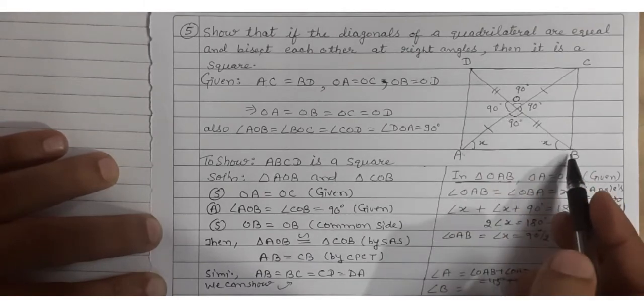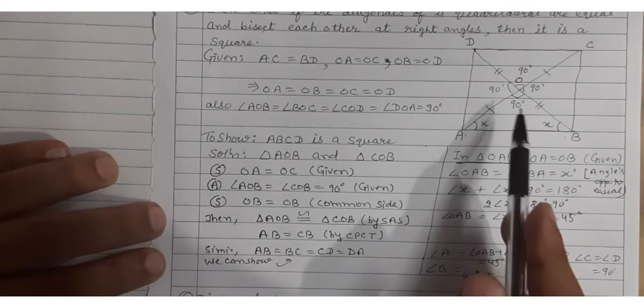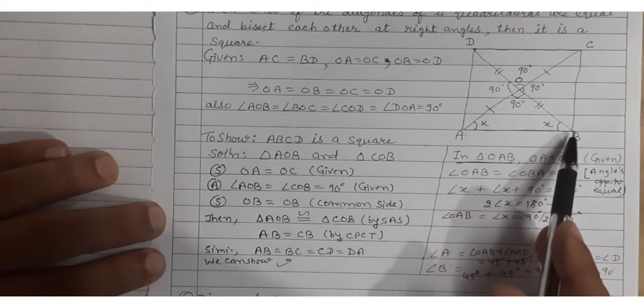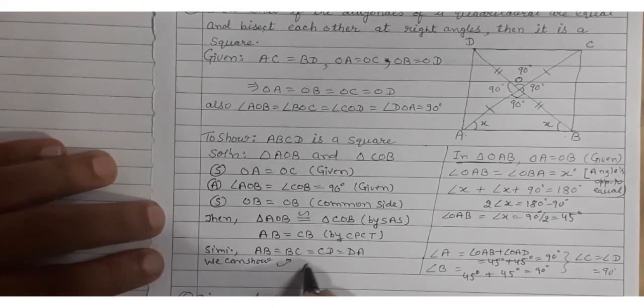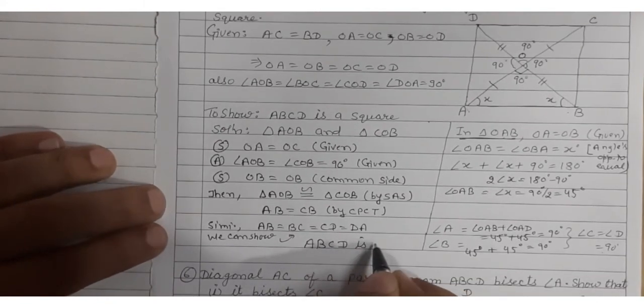And here OBA, this is 45 degree plus OBC, this is also 45 degree. This is again 90 degree. So angle A, angle B is 90 degree. Then you can prove angle C and angle D is also 90 degree. Then at last what we can say, ABCD is a square. Hence proved.